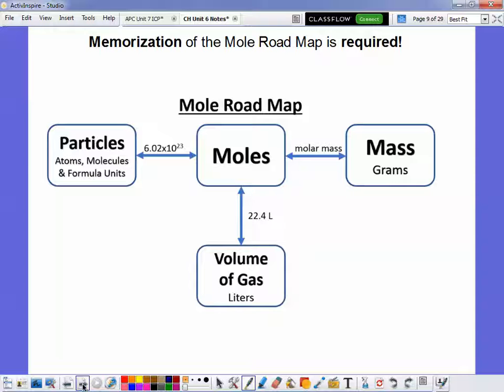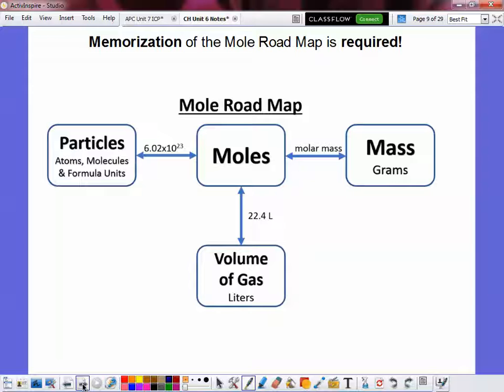I feel this is an easier thing to memorize than any of the stuff from Unit 4 because we're going to do so many practice problems with it that instead of memorizing it, you're going to end up just learning it. We can use the mole roadmap to convert between particles, for example an atom, a molecule, or a formula unit, to moles, or moles to mass in grams, or moles to volume in liters.